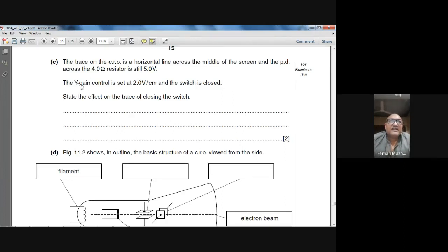The scale is given to us, the Y gain control is set, that 1 square will be representing 2 volts on the y-axis, but we have 5 volts, so it will be 2.5 divisions above the mean position, or you can say 2.5 squares above the mean position.